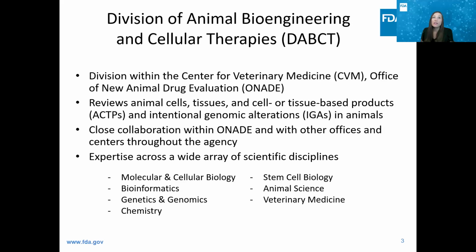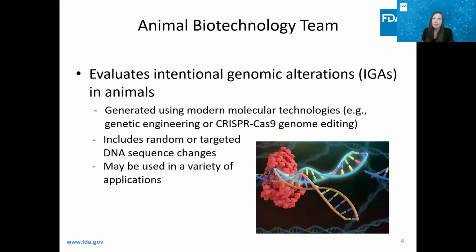We collaborate closely with the ONADE, with other CVM offices, with other FDA centers, and other FDA programs. Our division has expertise across a wide array of scientific disciplines, including molecular and cellular biology, bioinformatics, genetics and genomics, chemistry, stem cell biology, animal science, and veterinary medicine.